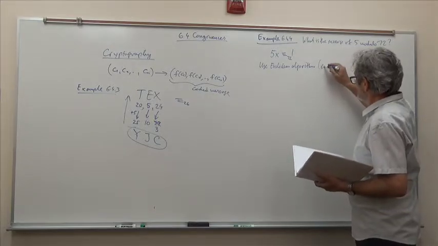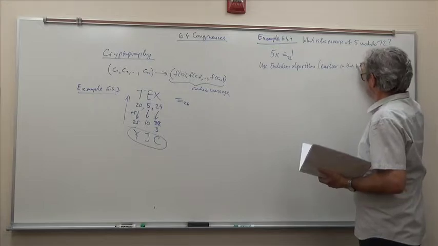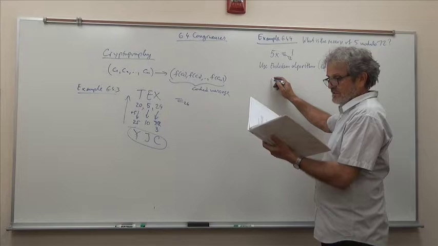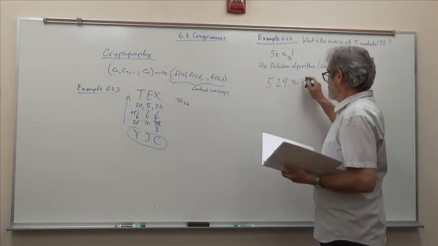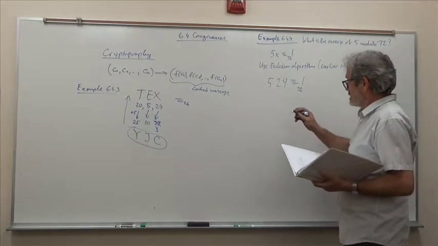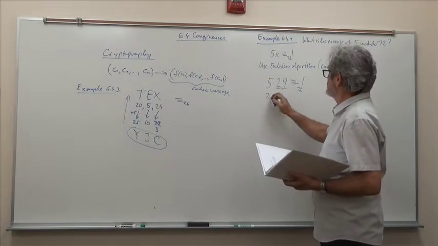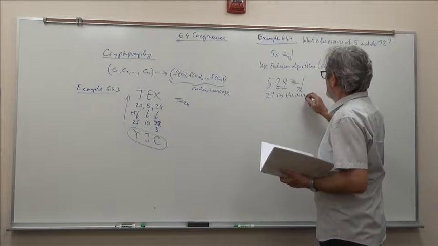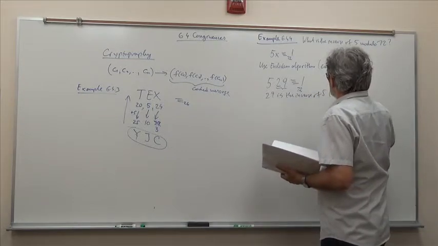And we get that 5 times 29 is congruent with 1 modulo 72, and then 29 is actually the inverse. So 29 is the inverse of 5 modulo 72.